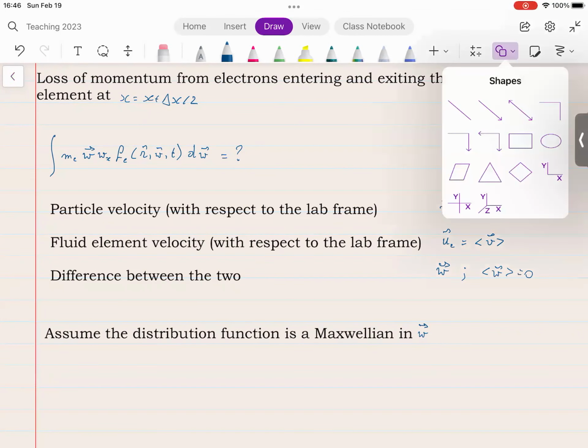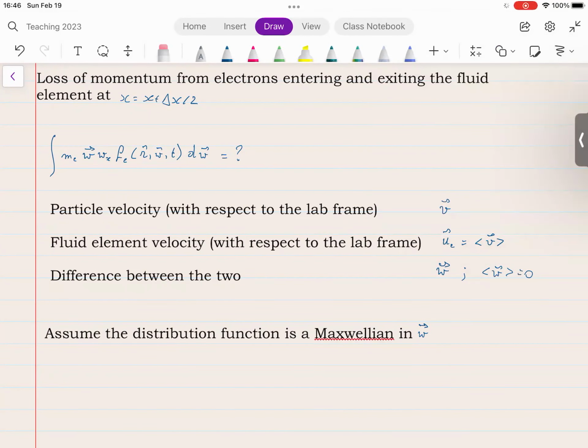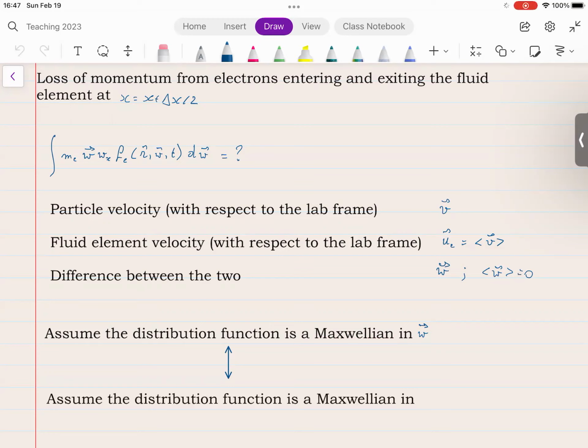This means, and I'll let you think about it if this is not obvious, that if we wanted the distribution function in terms of v, the particle velocity, then it is going to be a shifted Maxwellian.